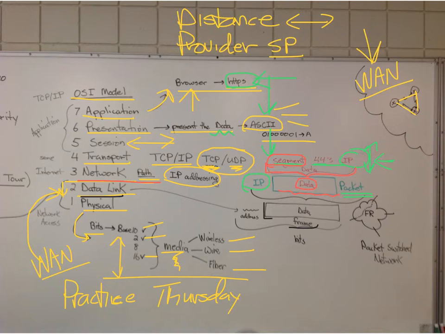This is everything that came from above, and then we add some type of data link addressing. If it's Ethernet, then a MAC address will be put on there. We talked a little bit about frame relay and how that's a packet switch network.